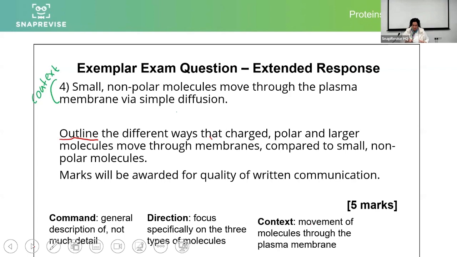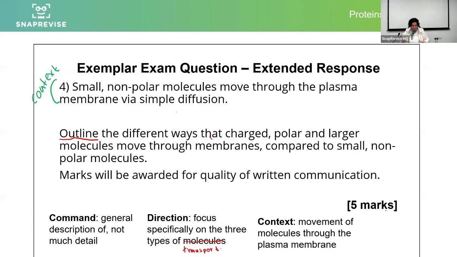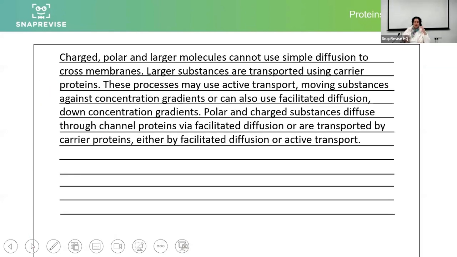And the direction: you focus on the 3 types of transport, or rather the 3 types of molecules that move with the 3 different types of transport. And this is, of course, a 5 marker, so there's a little bit of information that we have to say here.